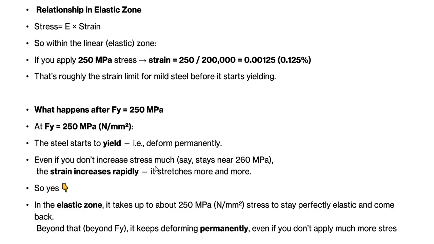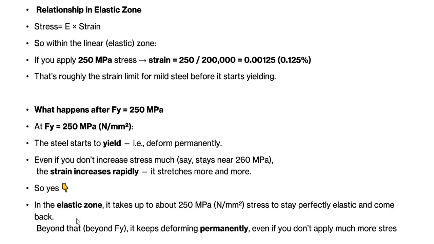Even if you increase the stress only slightly, say to 260 MPa, the strain increases rapidly, because it has crossed the elastic zone and permanent deformation started already at 250 MPa.